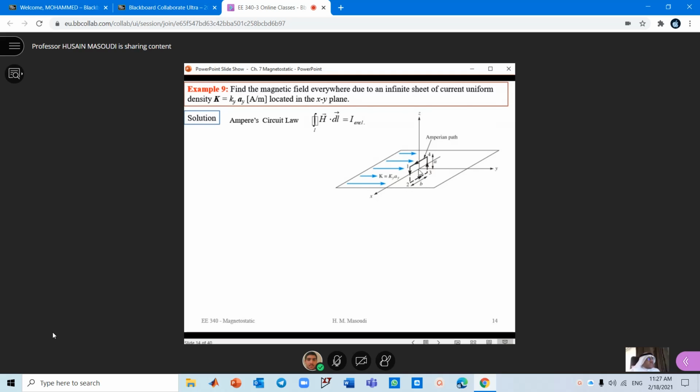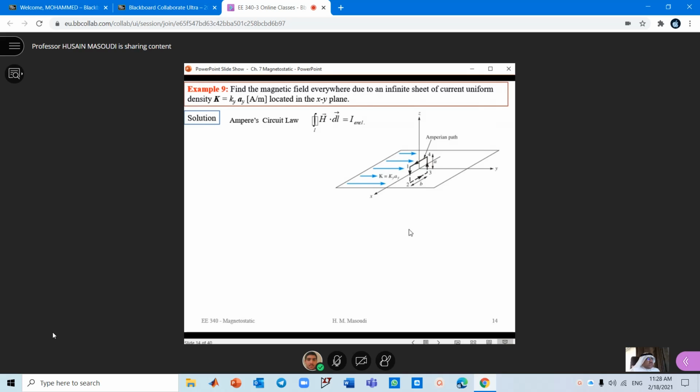Then we need to calculate how much current is passing through this path. Since we have a current density equal to Ky, the current enclosed is Ky multiplied by the width, which is equal to B. So this is the current on the right-hand side. But let's solve the left-hand side of the integral.